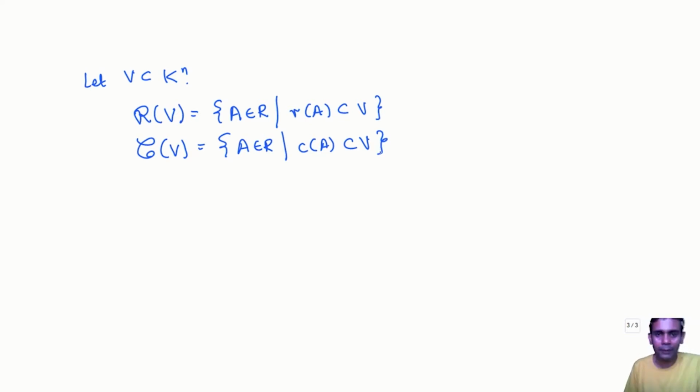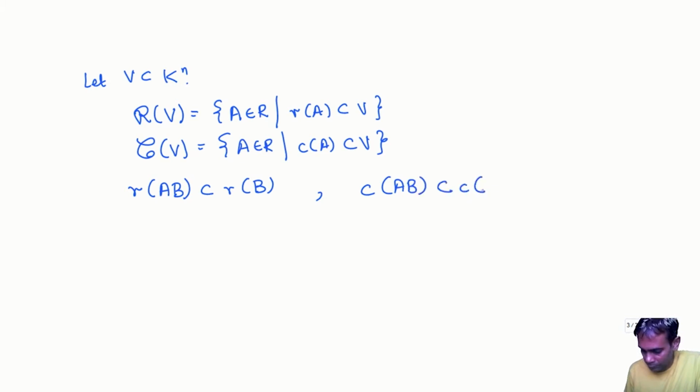Now recall an important fact from linear algebra, that the row space of AB is contained in the row space of B, and the column space of AB is contained in the column space of A. So what this means is that if you take any matrix whose row space is contained in V and you multiply it on the left by another matrix, then the product matrix will still have row space contained in V. So that means that this is a left ideal.